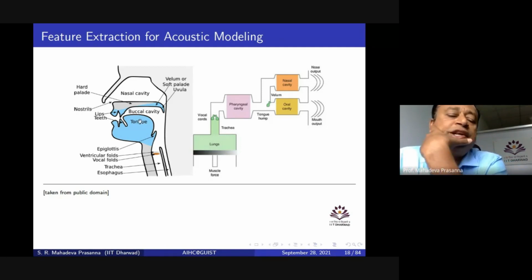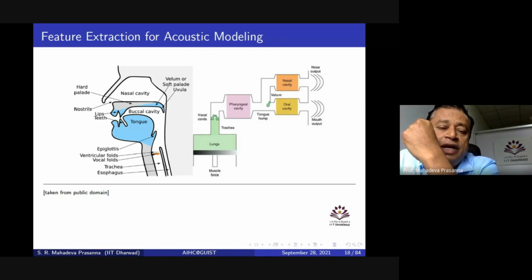Alternatively, if some portion is not working, say, for example, the velum, which all of you might have seen, called the Adam's apple. Suppose it loses its stiffness and just sags inside the body.